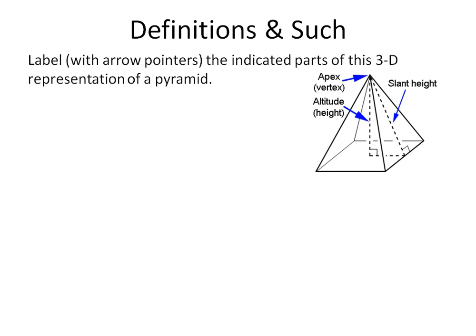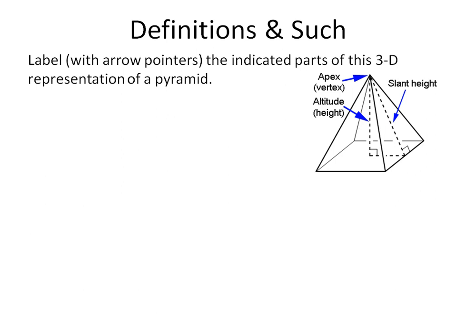Okay, the slant height, as you notice, is going up the face of the side here. It cuts the base edge into equal pieces, and it's also perpendicular to the base edge as it goes up to the apex. Notice that this forms a right triangle inside the pyramid.